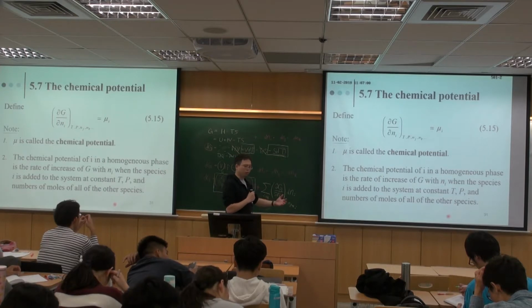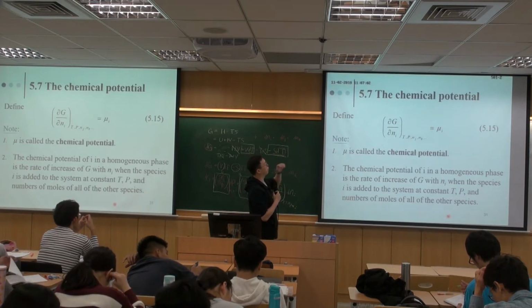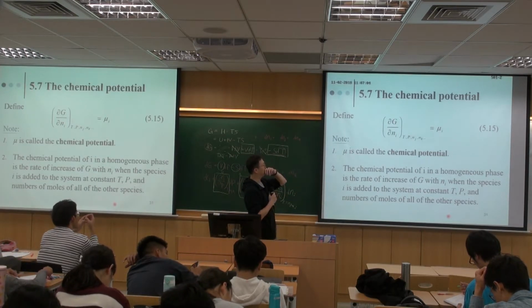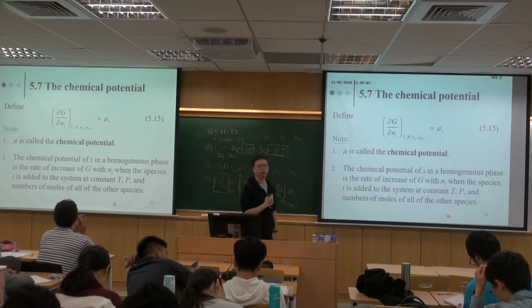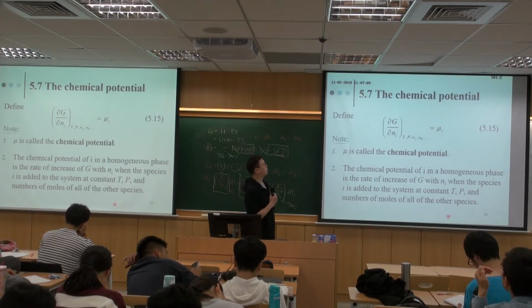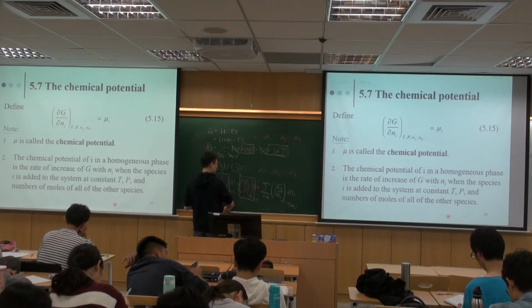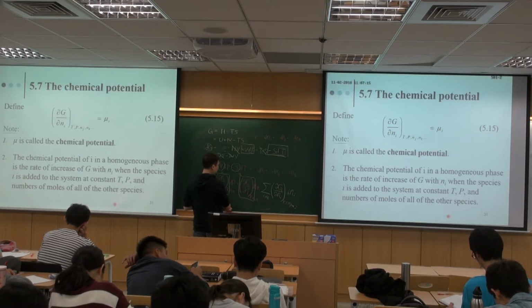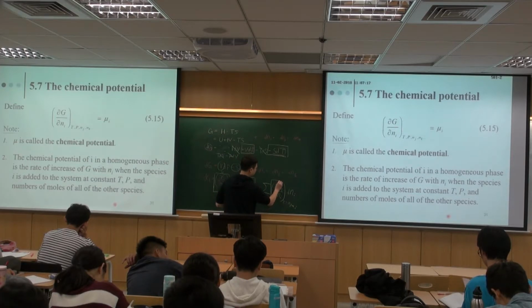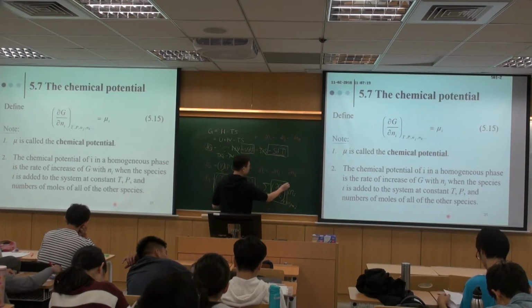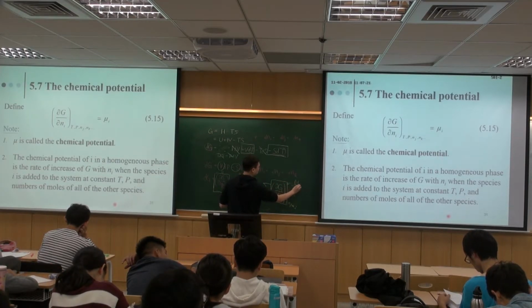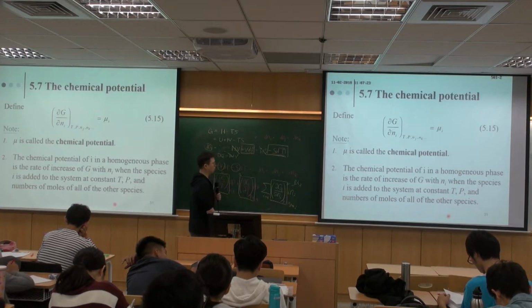And I think most of you have already seen this before in the chemistry class, that this is defined as the chemical potential for a certain species. The partial G, partial Ni, this term is simply mu i.